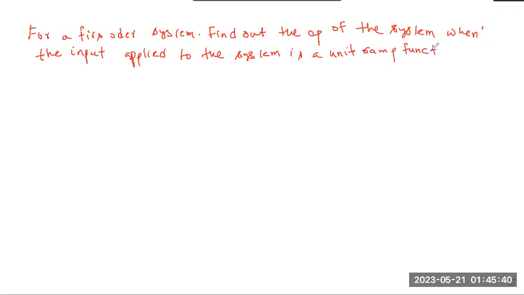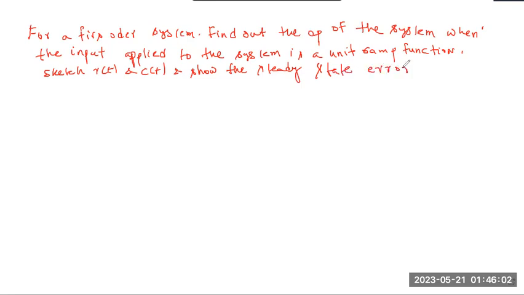And what else it's asking is to sketch the response, sketch r(t) and c(t), and show the steady state error. So how do we go about the system?